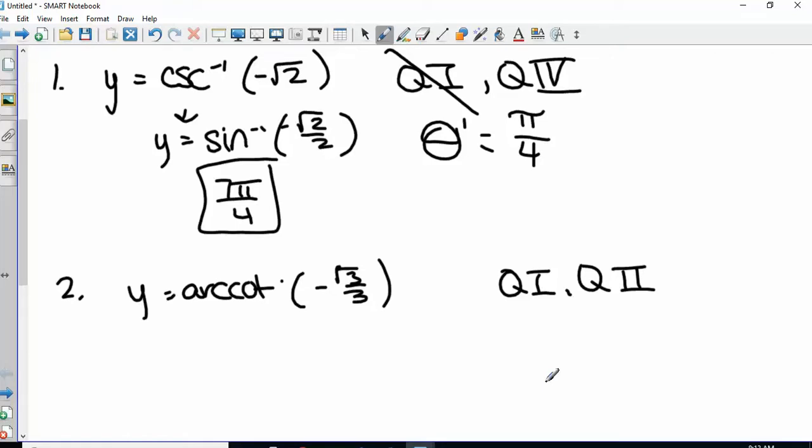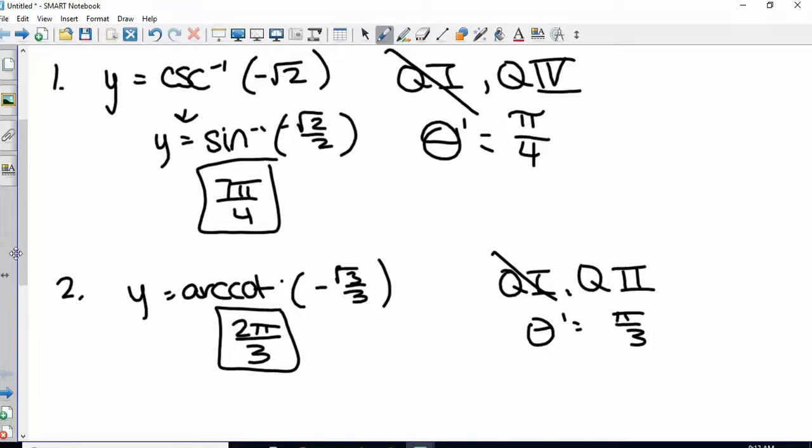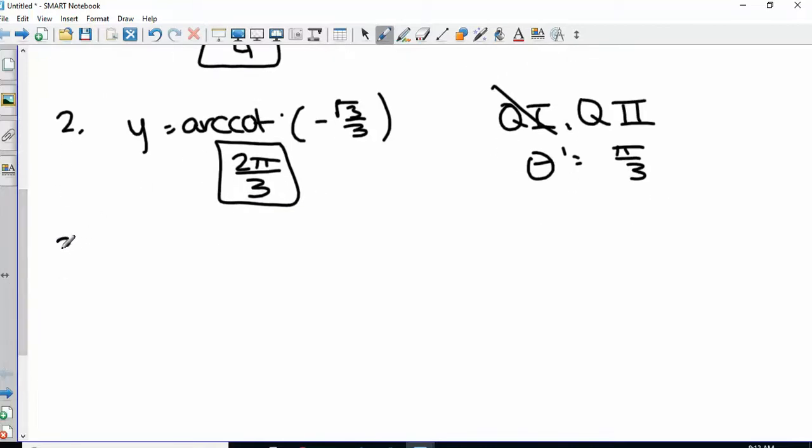Okay, reference angle. When is cotangent radical 3 over 3? So cotangent is at 60 degrees or pi over 3. So then pi over 3 in quadrant 2 is 2 pi over 3.